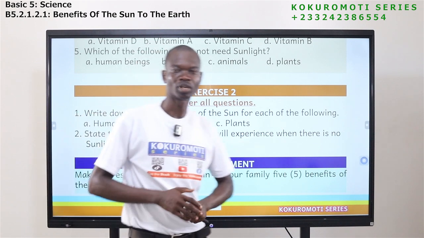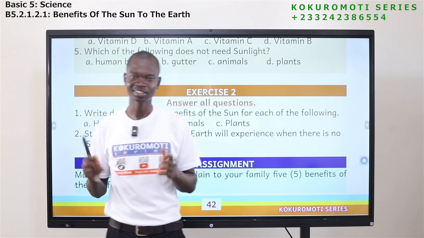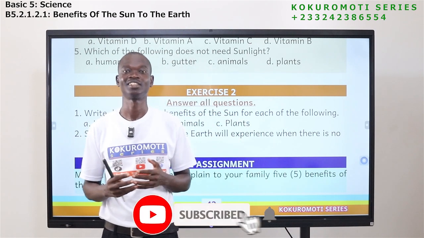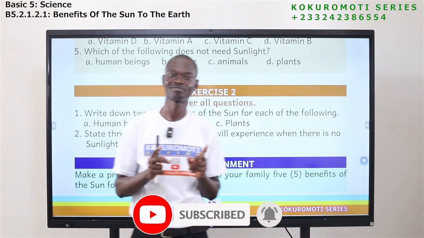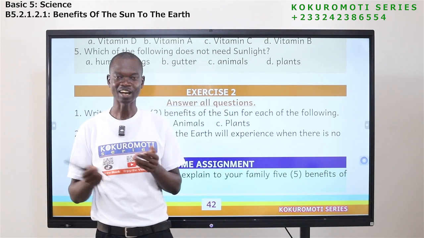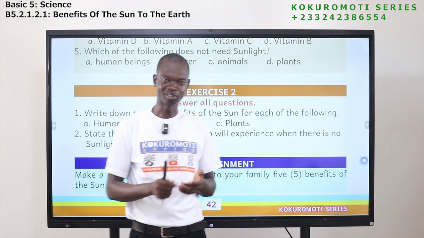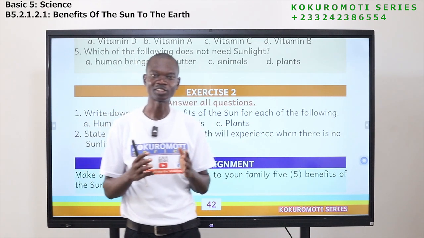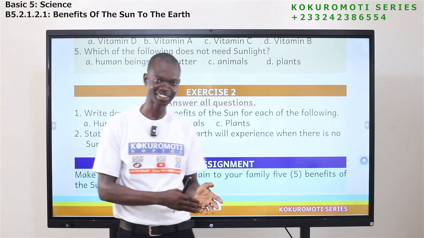So this one in the house, just tell your father, your mother that you want to make a presentation to the family about what you have learned today. Go and do this. After that, whatever you present to them, you send it to me for me to also read. So you are to tell them the benefits of the sun to the earth.